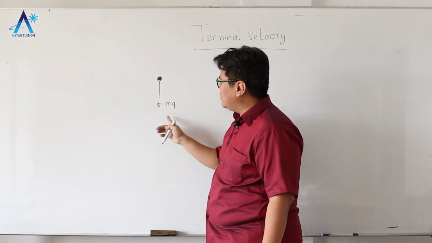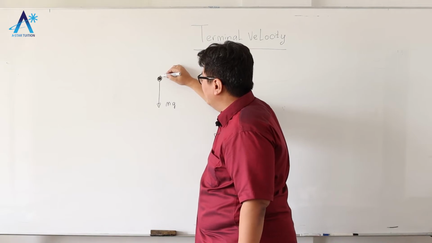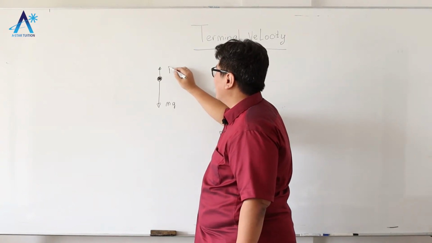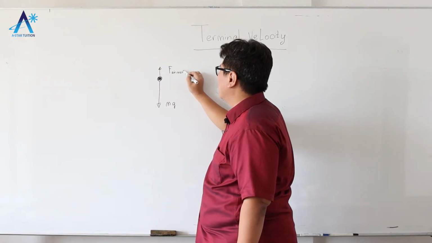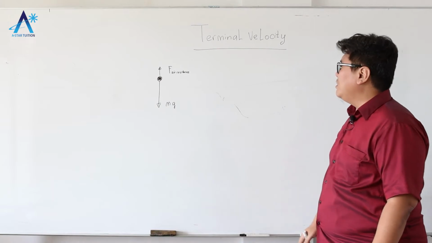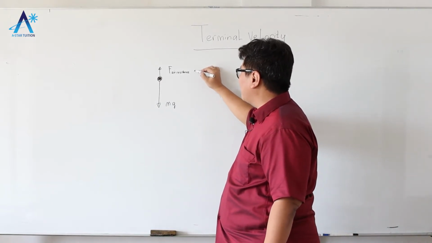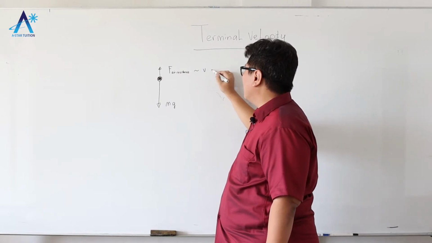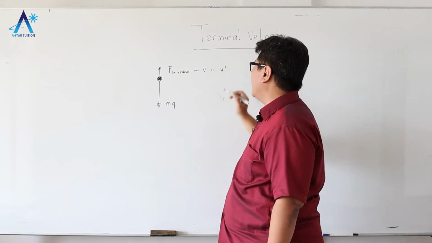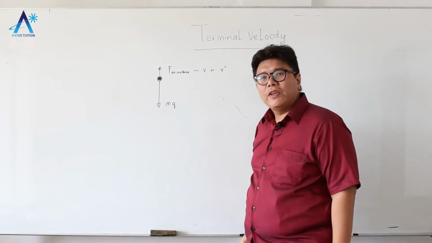So in addition to the weight of the object, there's air resistance, F air resistance. Now, air resistance usually depends on the speed or the square of the speed. So we say that it's proportional to the speed, or speed squared.